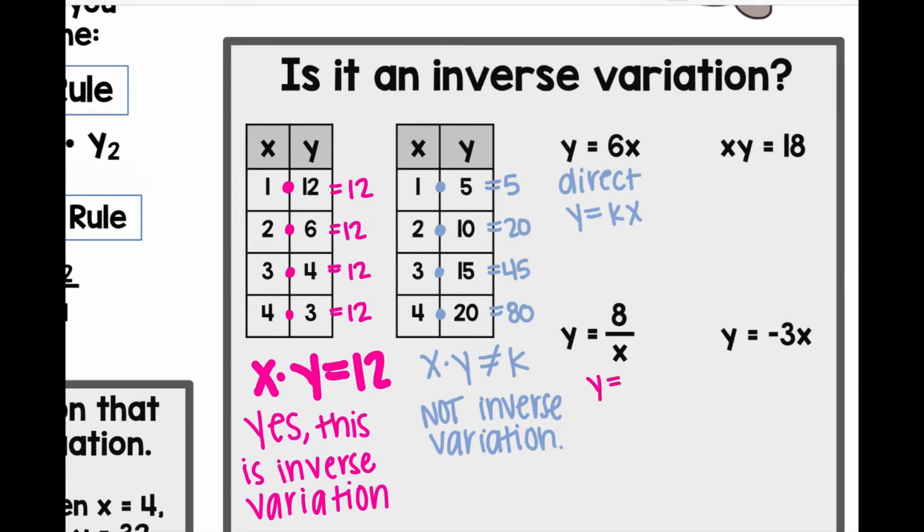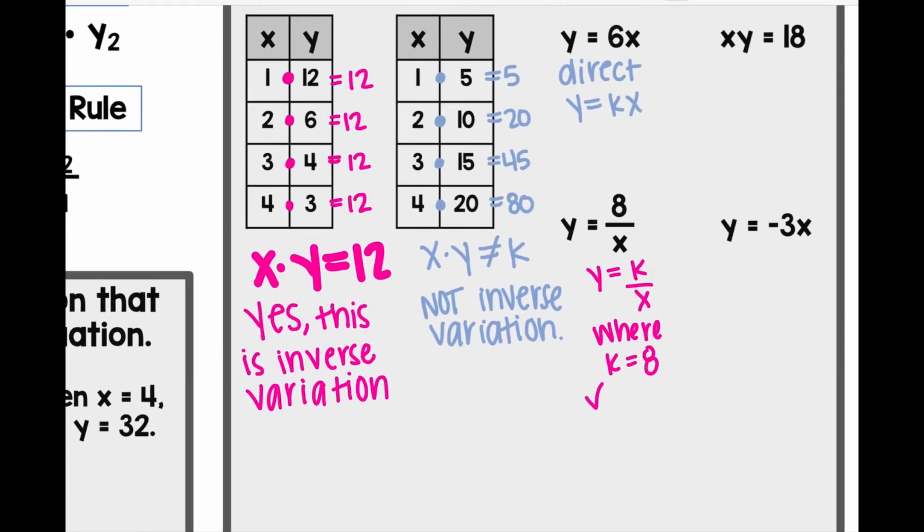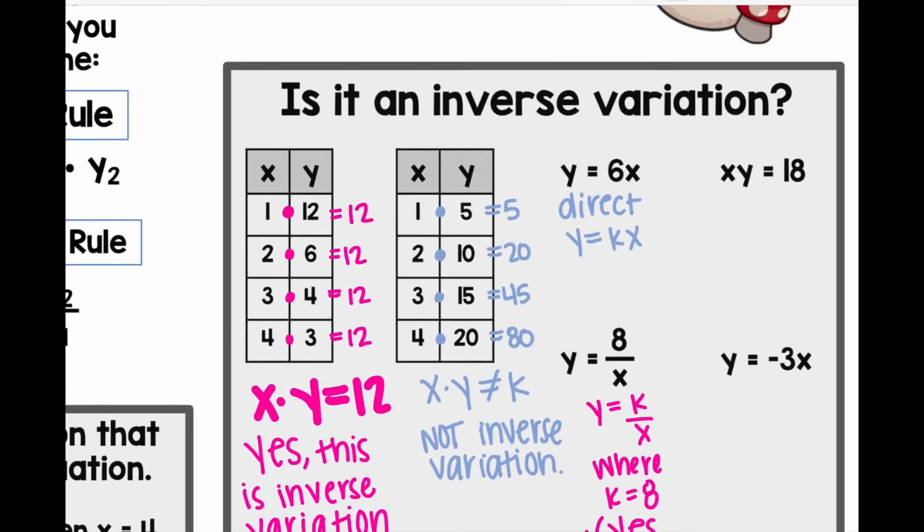If we look at the example below, we can see that this equation is written as y equals k divided by x, where k is 8. So this one is inverse variation. The next example is x times y equals 18.